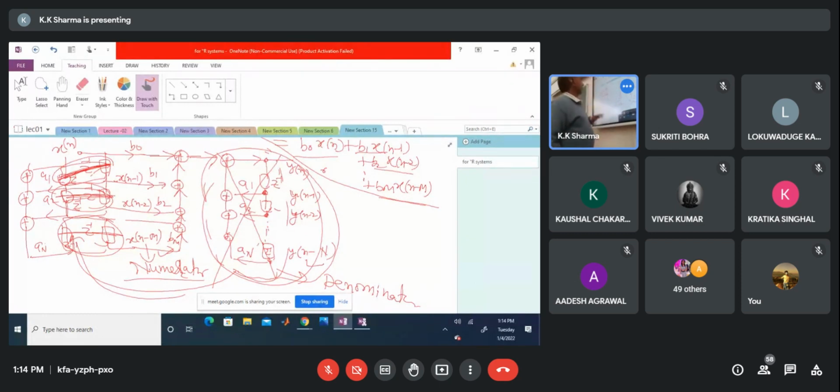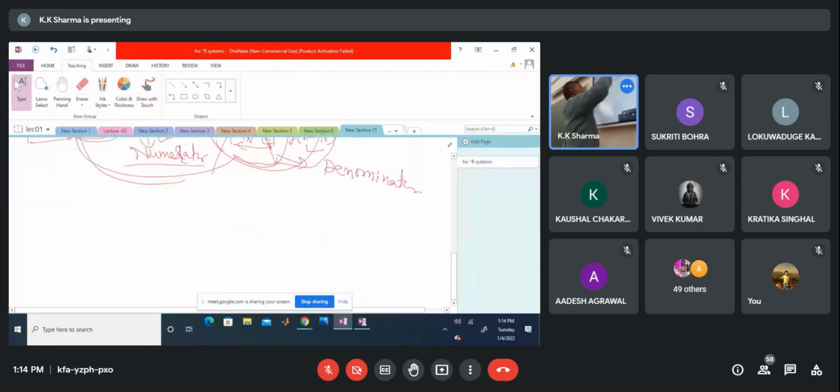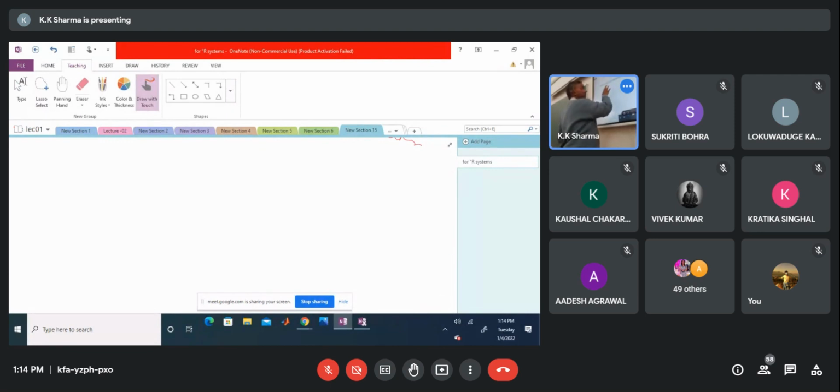So finally, let me draw the direct form 2. Ultimately, I have combined these common delay elements, and these coefficients are B0, B1, and the last coefficient is Bn.